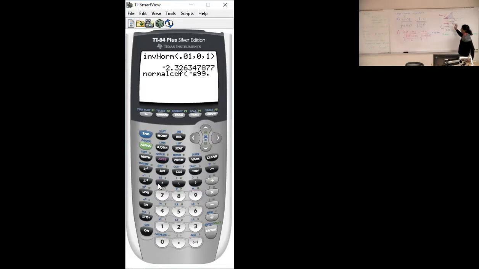Go all the way up to the test statistic, negative 0.1575, because it is the area below the test statistic. Mean 0, standard deviation 1, enter. 0.4374.